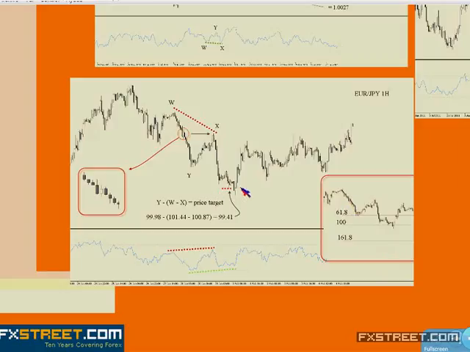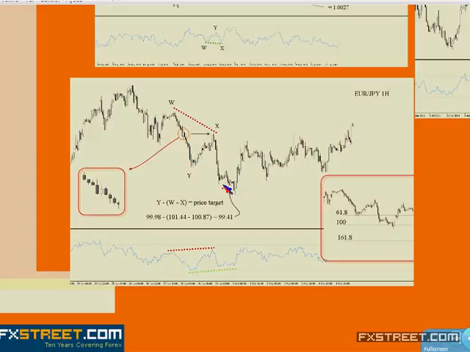Okay, so when using this type of target calculation, it's useful to try to find confluences amongst several methods of targeting price targets. I use here a combination of Fibonacci extension and the hidden divergence target calculation, and we see that there was a confluence in that level here.